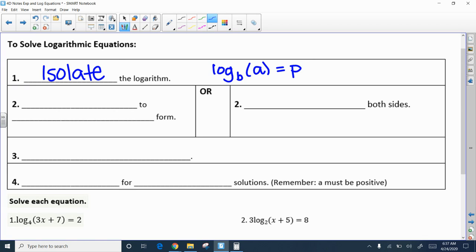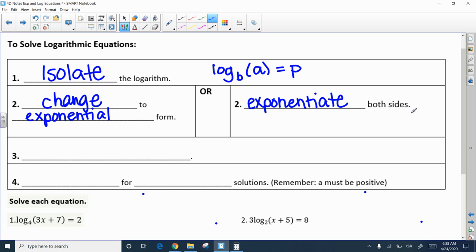Then step 2, there's actually 2 ways to solve these. That's why we reviewed 2 different properties. One, you can change to exponential form. So if an equation is in logarithmic form, you can change it to exponential form. Or you can do what's called exponentiate both sides.